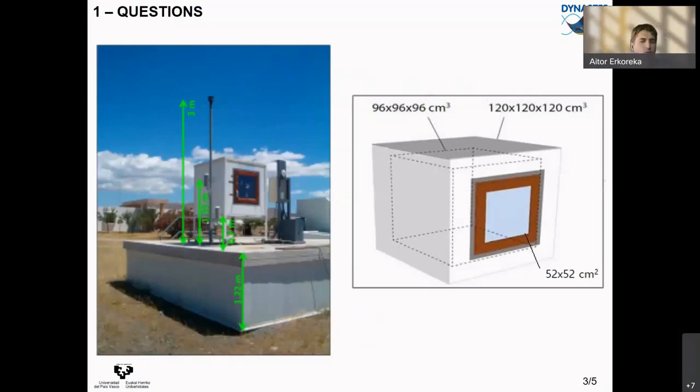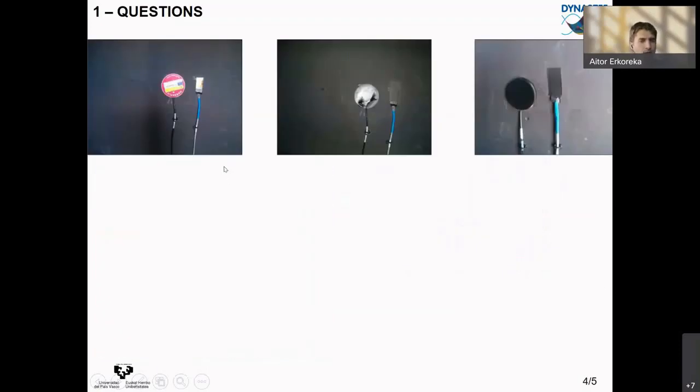I will explain this with an example. Some of you have been working with this example. This is the round robin test box. It behaves as a small building, and there were a lot of sensors measuring this small building, including surface temperature on the glazing and surface temperatures on the internal and external surface of each of the walls.